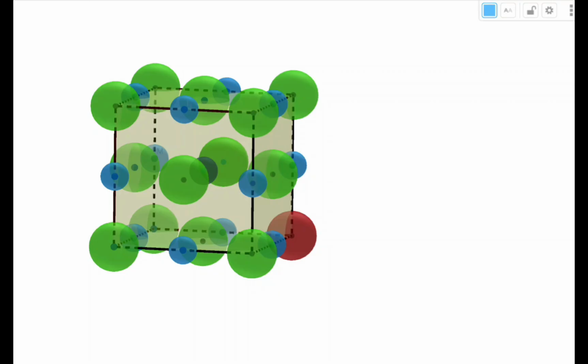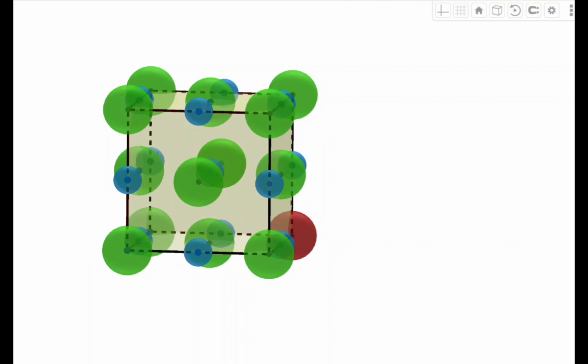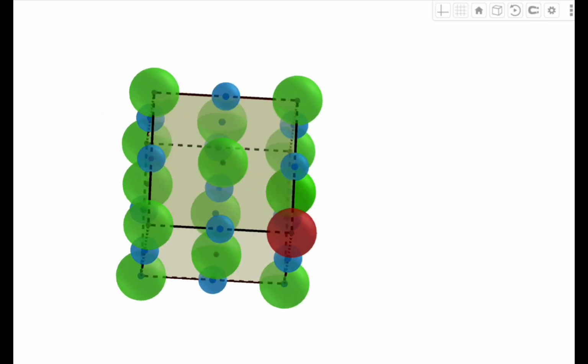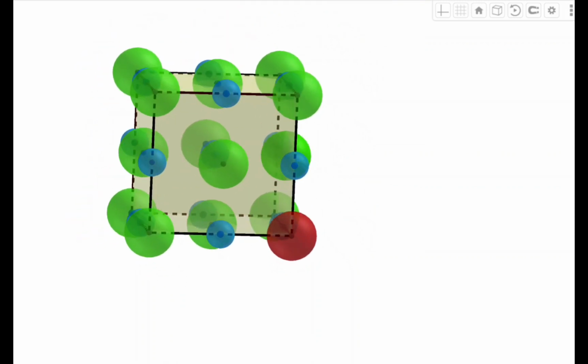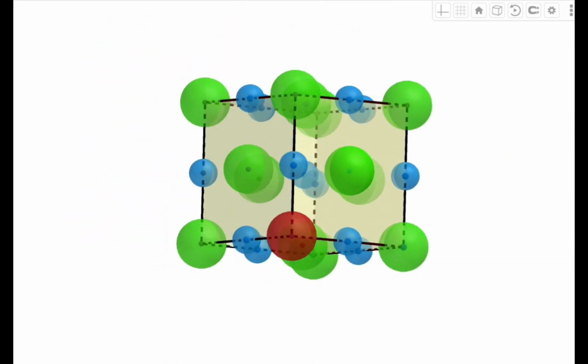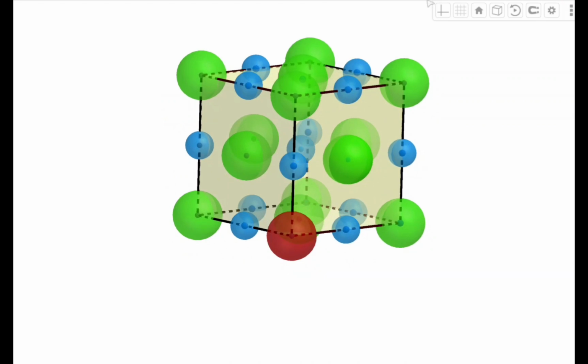Another example is sodium chloride, NaCl. The green one is chloride and the blue one is sodium.